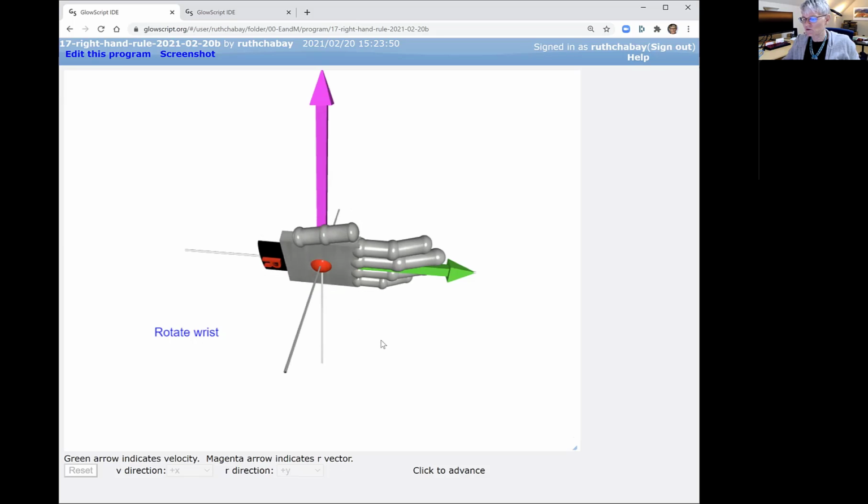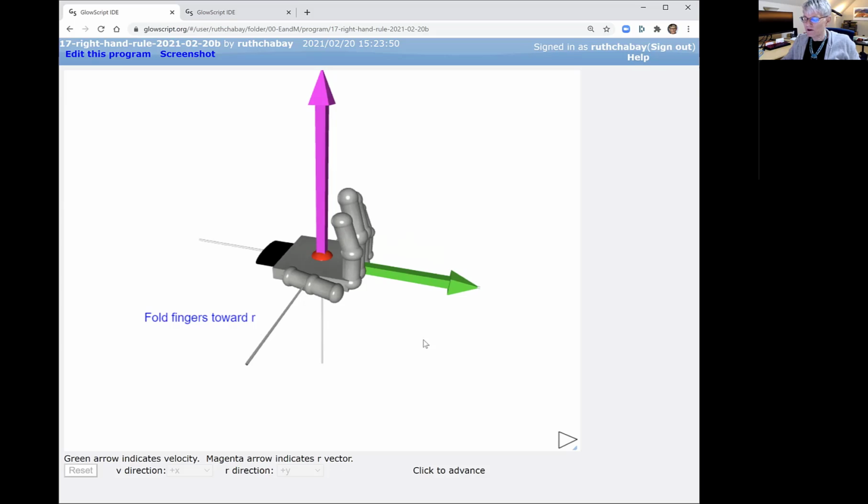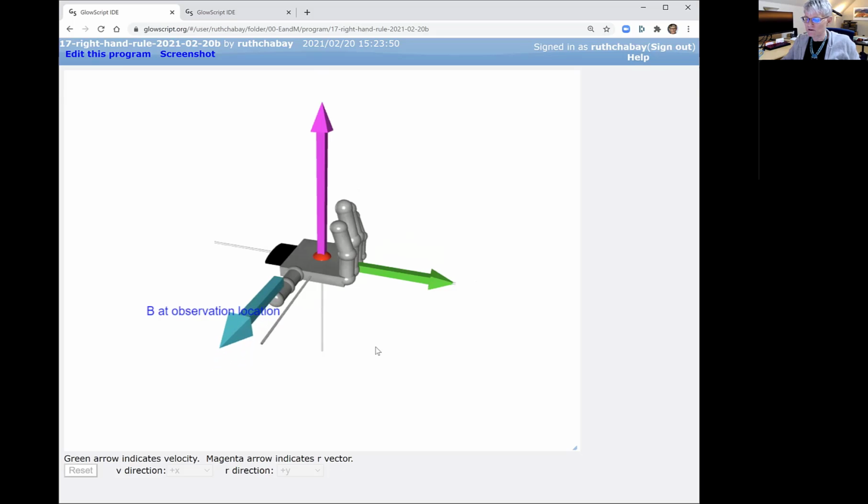So we actually have to rotate our wrist so that it's possible to fold our fingers toward the plus y direction here. So we had to rotate our wrist, and now we can fold our fingers toward r. And now we extend our thumb, and that gives us the direction of the magnetic field, but that's the magnetic field at the observation location.